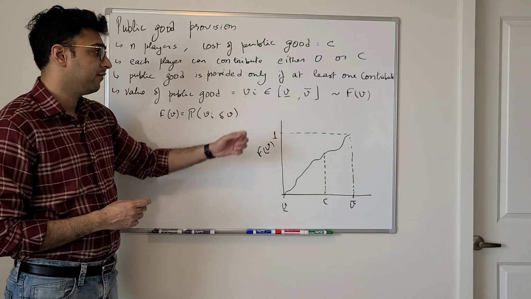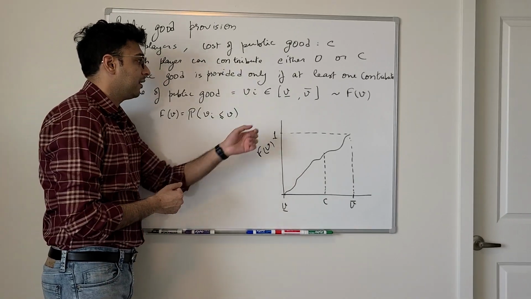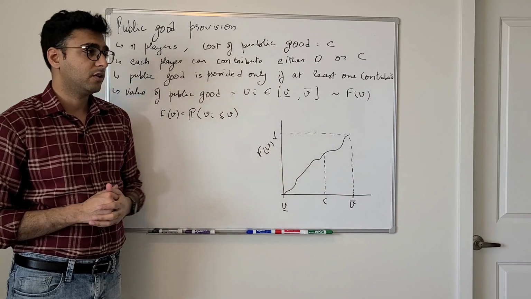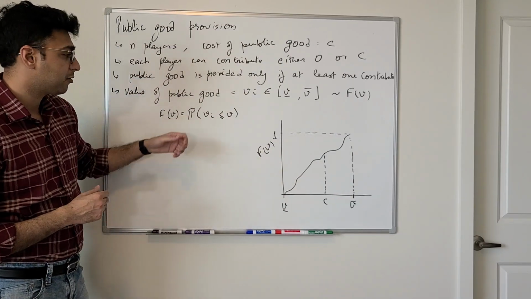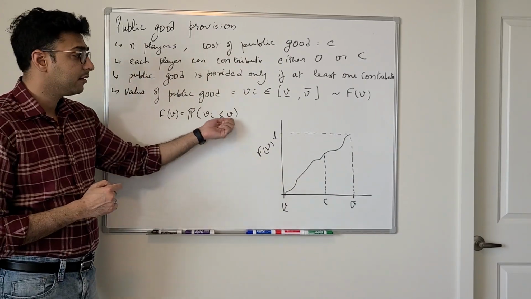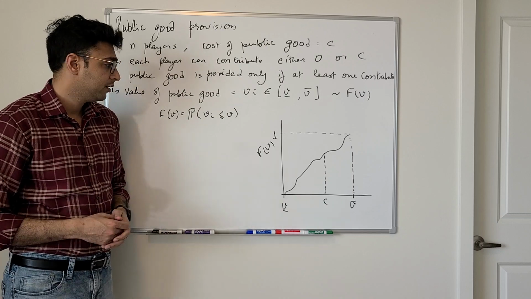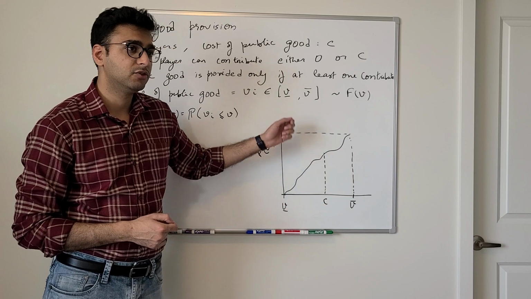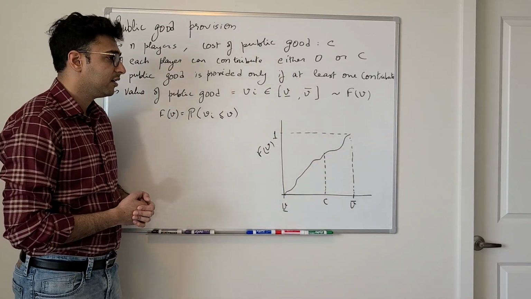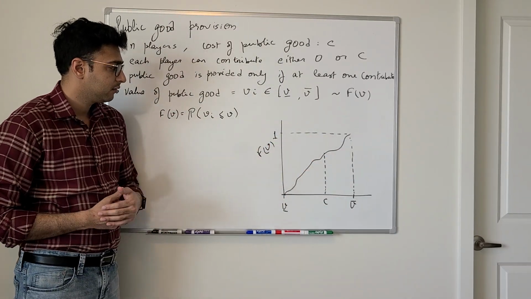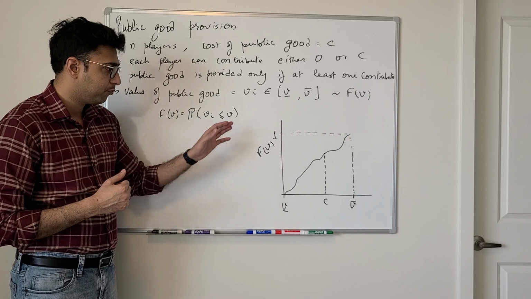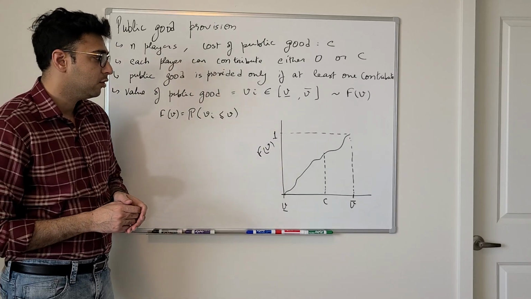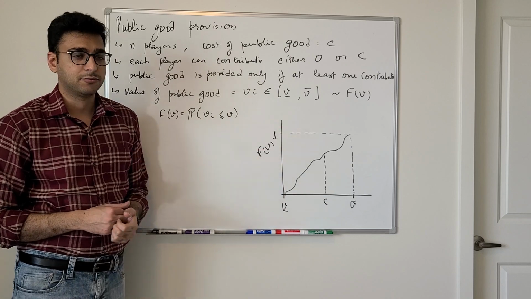So that value is Vi, and it lies between V lower bound and V upper bound, and it follows a continuous distribution Fv, where Fv is the probability that Vi is less than the value V. And the continuous distribution simply means that there aren't any sharp jumps or flat areas here. Everything has positive probability, every range has positive probability, but no point has positive probability.